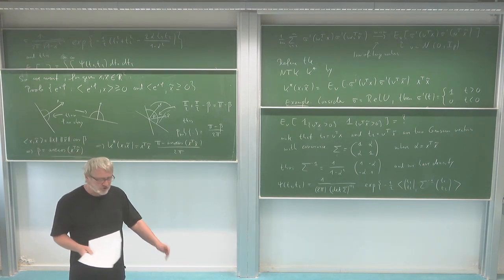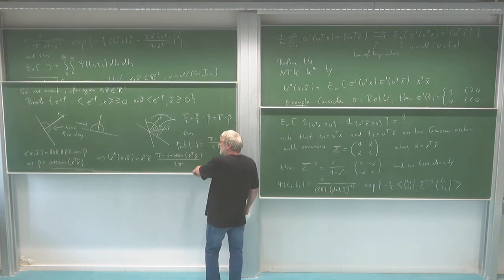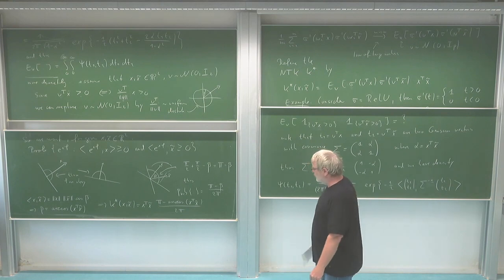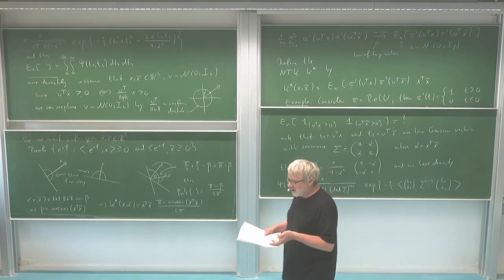I think this is a nice concrete calculation which shows that one really can calculate this kernel, at least in concrete situations, and you get something concrete which you can then use for doing other calculations.